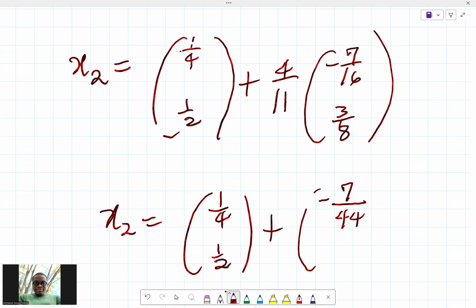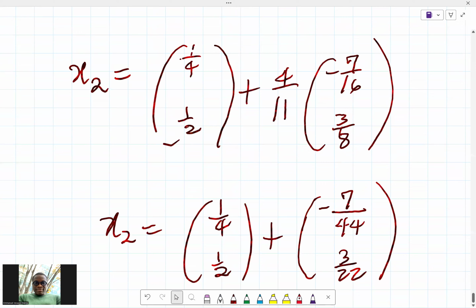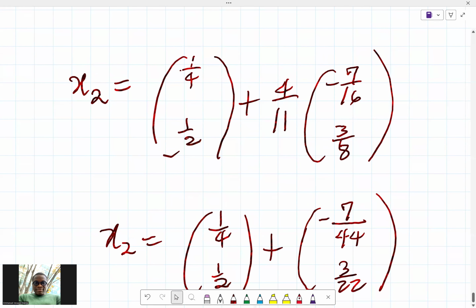Then down here we have 4 in 8, 2. So that's 3 over 22. 4 over 11 times 3 over 8, so 4 here is 1, 4 here is 2. So that's 3 over 22, correct.